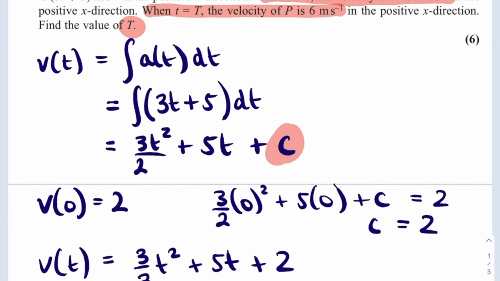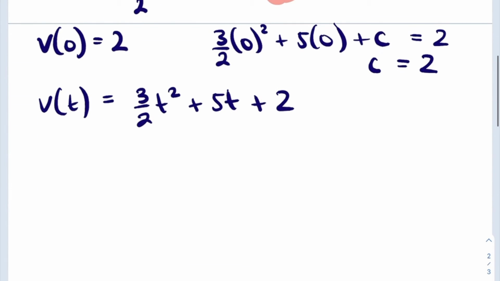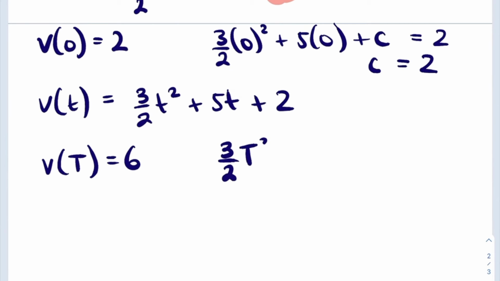So when the time is capital T, the velocity is 6. So in maths, that says v of capital T equals 6, which I can write as 3 over 2 capital T squared plus 5 lots of capital T plus 2 is equal to 6.